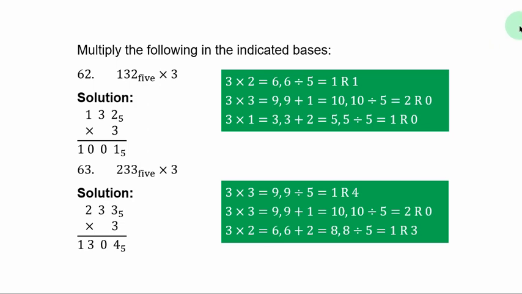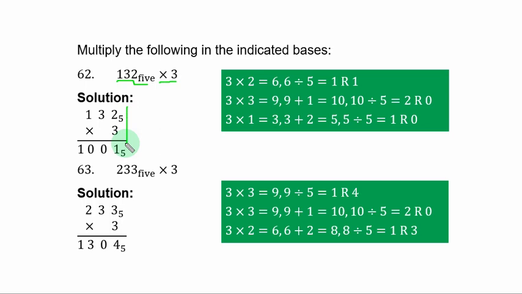Example 62. 132 base 5 times 3. You arrange the numbers for multiplication the way you do it normally.